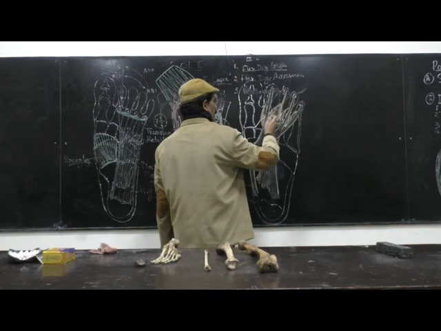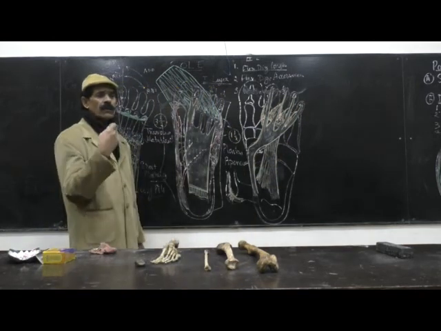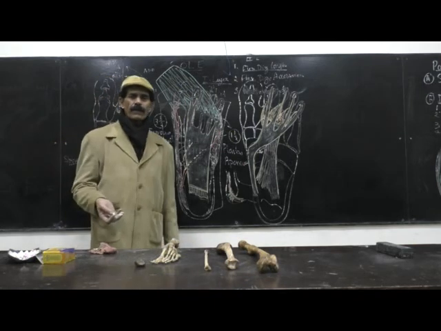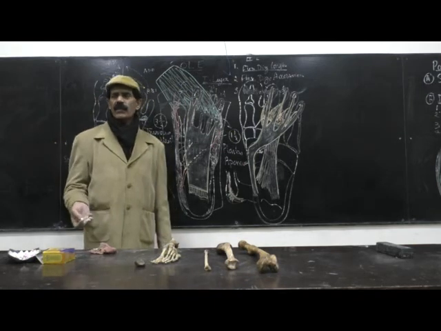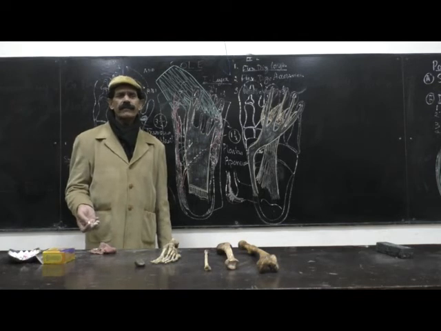So they go medially on the medial part of it. And where do they go? On the dorsal aspect, and fuse with the dorsal digital expansion of the extensor digitorum longus muscles.